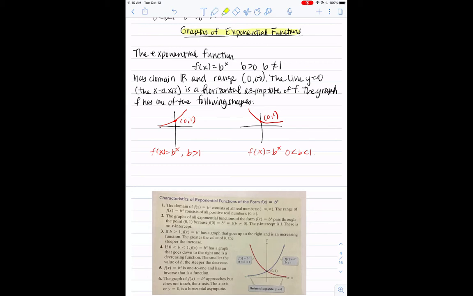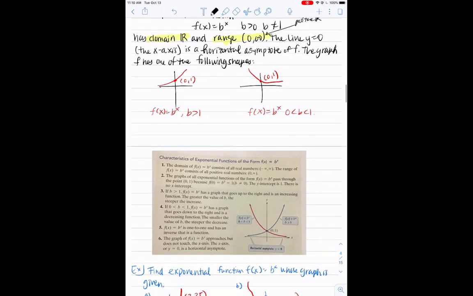So we'll go ahead and highlight this. So exponential functions have domain real numbers and range from 0 to infinity. So basically, the range is our positive reals. So here's some images.